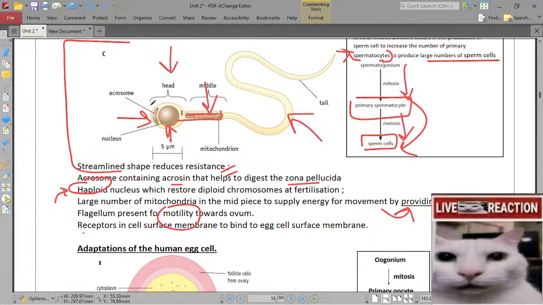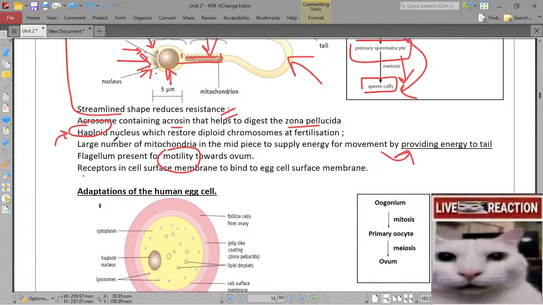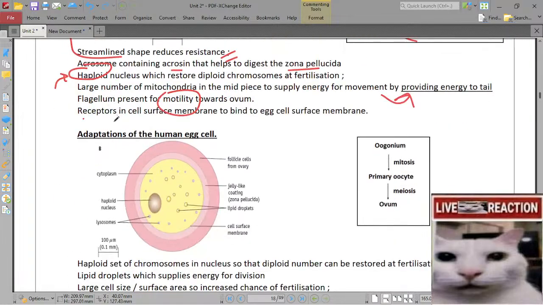So you have receptors over here because you would imagine you have binding sites on the egg cell surface membrane, so you would also have receptors on the cell surface membrane of the sperm cell. Now, when we look at the human egg cell, this is also something I kind of forgot.